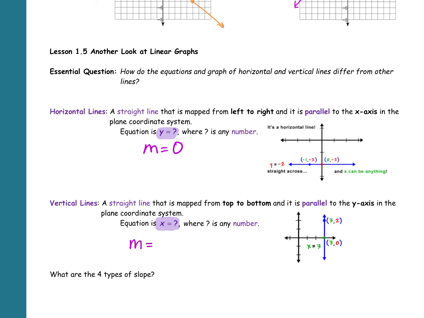Therefore, the slope of that line is undefined. Okay, the slope of a vertical line is undefined. The slope of a horizontal line is 0. So if I see an equation that says x equals some number, my slope is undefined. If I see an equation that's y equals some number, slope is 0. That's it. Okay.